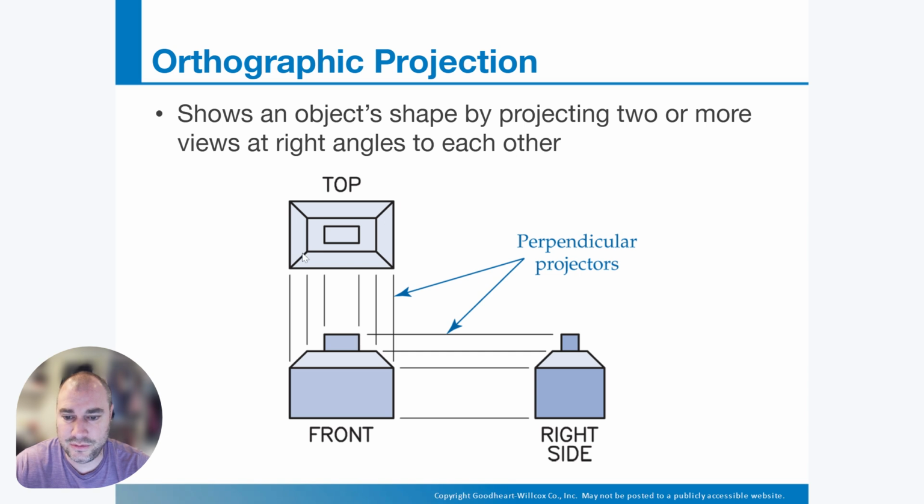These perpendicular projectors are important because from the top, you go to the front, and then you go from the front to the right side. So you have these perpendicular projectors carrying you from the top to the front to the right side views.